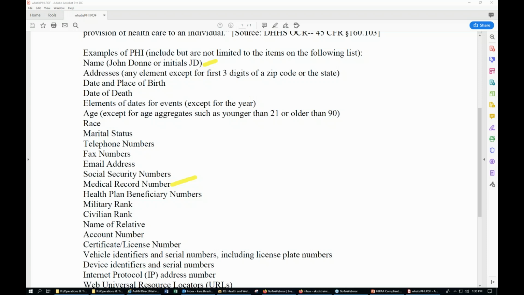Point number 2. What do you think, Sina? Yeah, I agree.